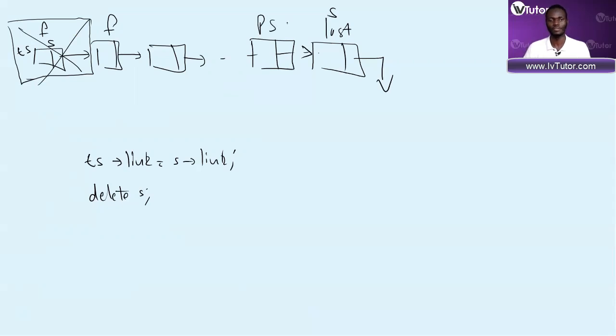So if we say, trail smallest rather, trail smallest is here. So if we say trail smallest dot link, which is this guy, equals s dot link, it means we are linking trail smallest to this node, right? So we are actually going to link this node to our null value, because this is a null value. So that's fine. There's nothing wrong with that. So this works.